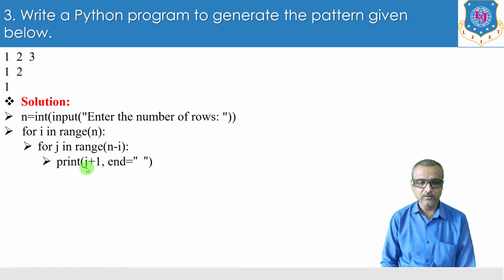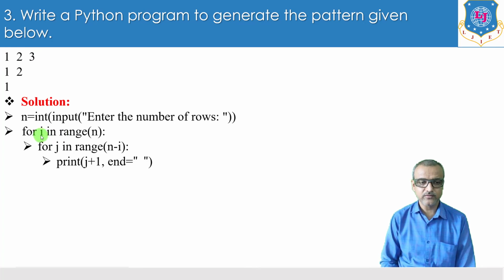Initially j is 0, so 0 plus 1 is 1. Then j becomes 1, so 1 plus 1 is 2. Then j becomes 2, so 2 plus 1 is 3. So for i equals 0, in the first row we will be having these 3 entries.